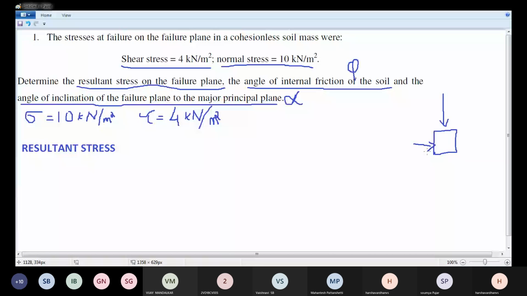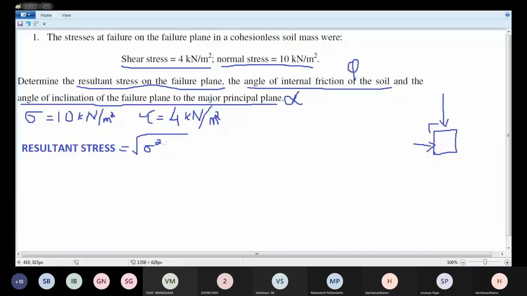So because of these two stresses, what is the resultant stress? The angle between these two stresses is 90 degrees, and if the angle between two forces is 90 degrees, the resultant force is given by under square root sigma square plus tau square.